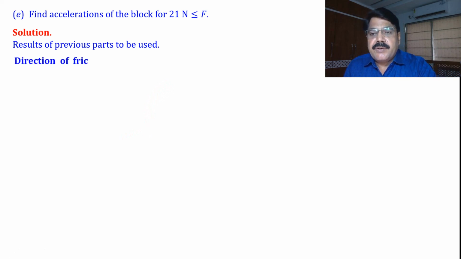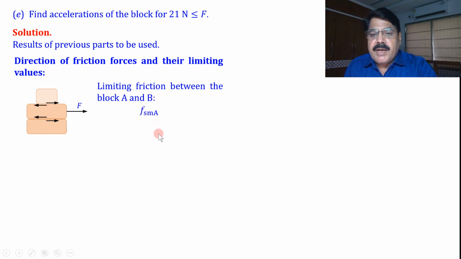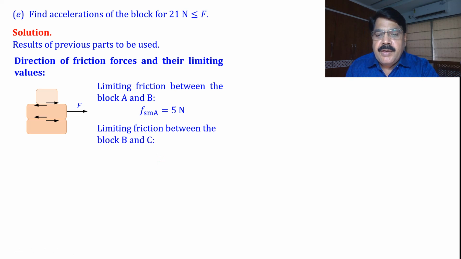So the direction of friction on A is forward and on B backward, and again on B backward and on C forward. Limiting values we have seen earlier: between blocks A and B, FSMA is equal to 5 Newton, and between B and C, FSMB is equal to 6 Newton.